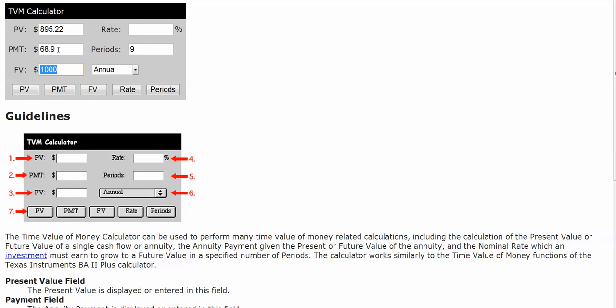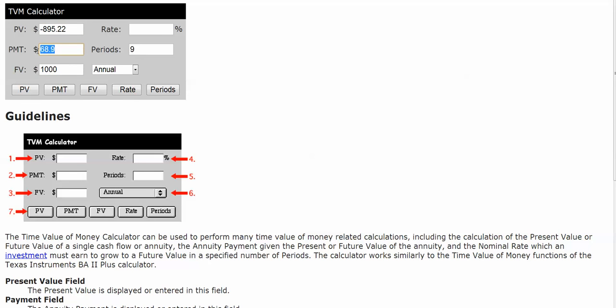So the payment and the future value are going the same direction. They are being received by you. The present value would be going the opposite direction. It's an amount you would pay. Since we're paying it, I'm going to make it negative, and I'm leaving the payment and future value positive.